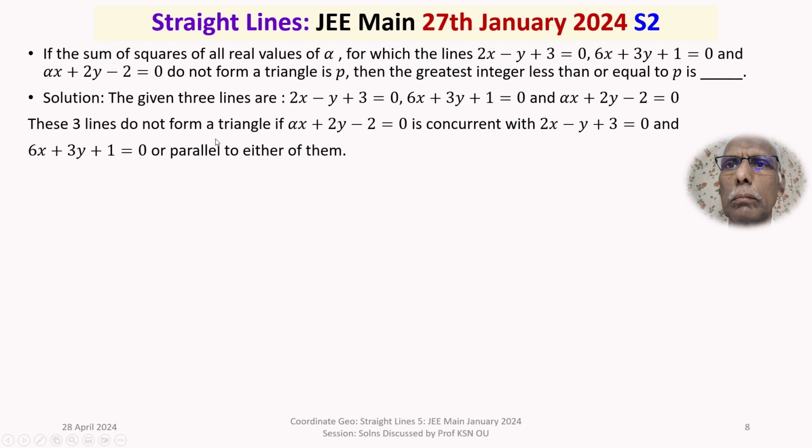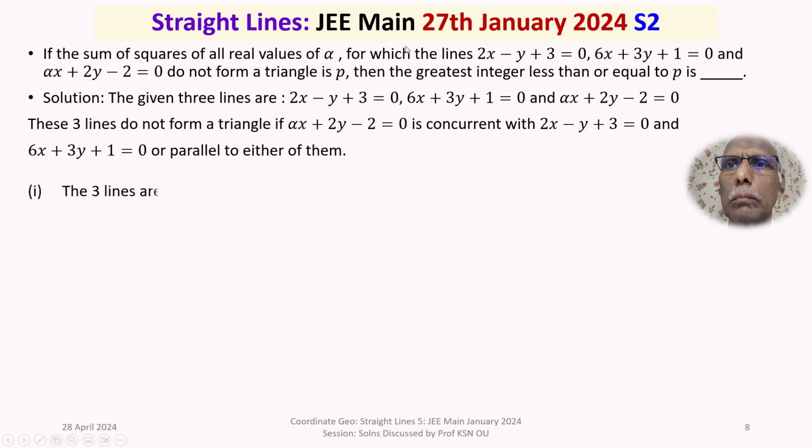That means alpha x plus 2y minus 2 and the other 2 are concurrent, that means they meet at a point. Or alpha x plus 2y minus 2 is parallel to 2x minus y plus 3 is equal to 0, or parallel to 6x plus 3y plus 1 is equal to 0.